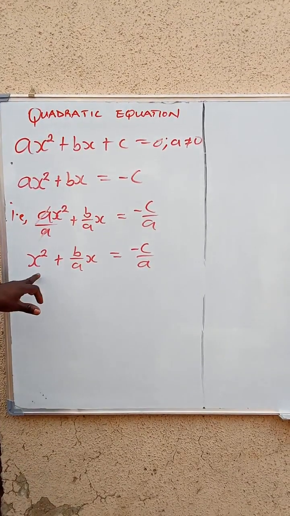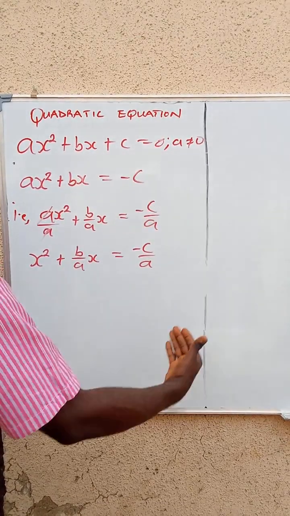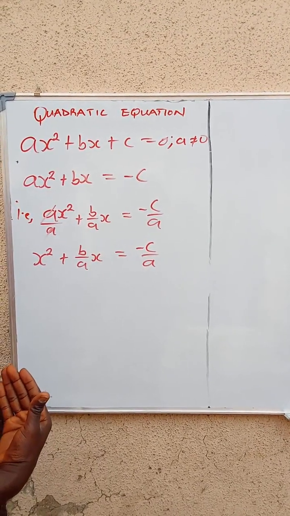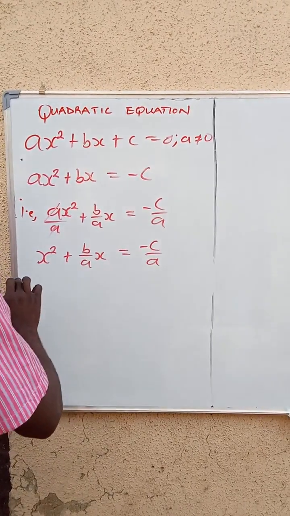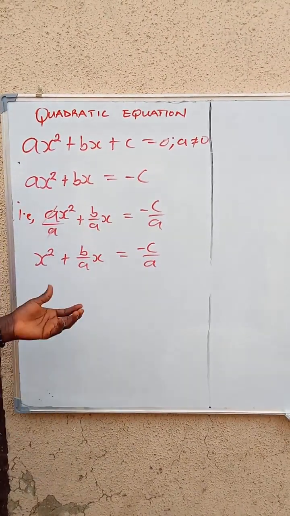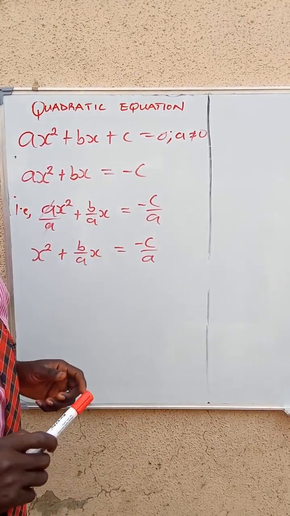Now in this case, we need to use another process here, because in completing the square method, this is number 1, this is number 2 that we're going to use. Take the half of the coefficient of x, square it and add to both sides of the equation.